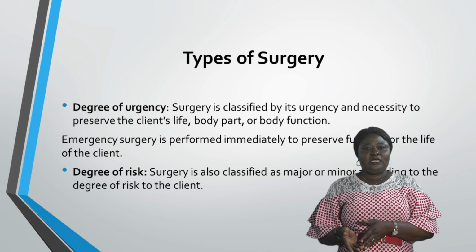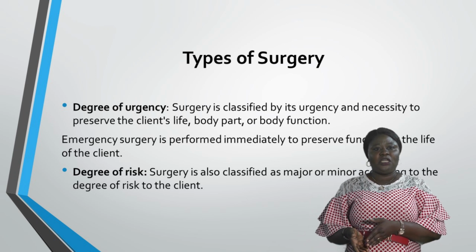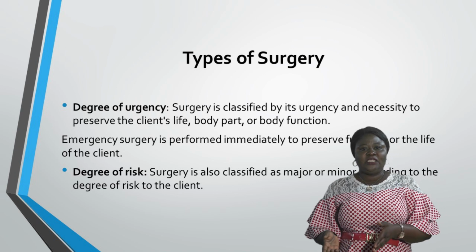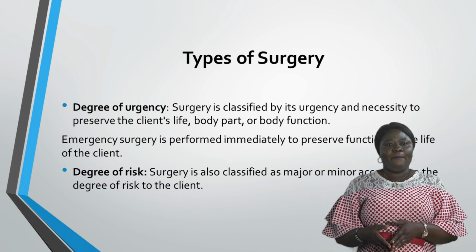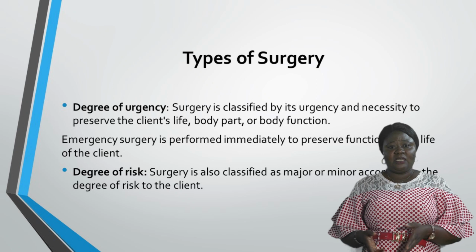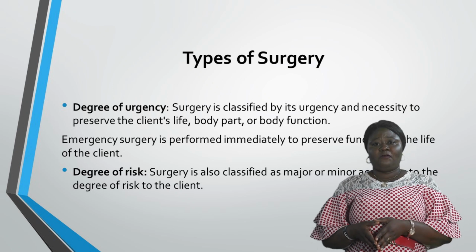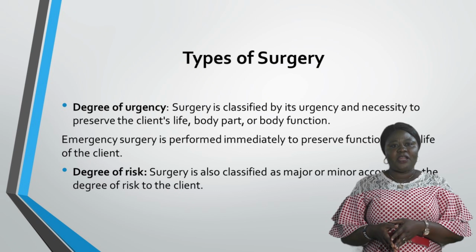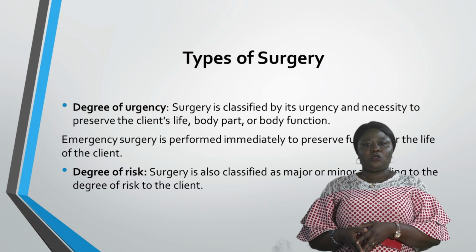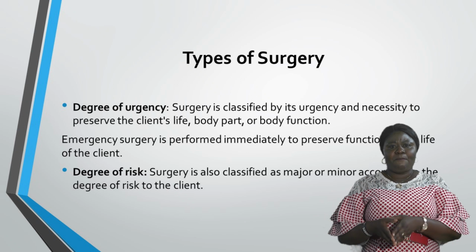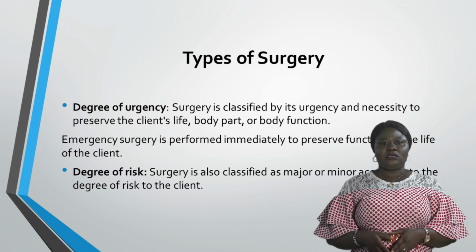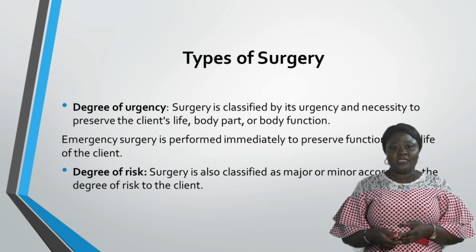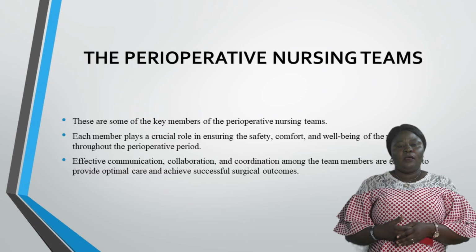That is a type of surgery based on degree of urgency. An emergency surgery is performed immediately to preserve function or the life of the patient. And the third one is degree of risk. So surgery is also classified as major or minor according to the degree of risk to the client.